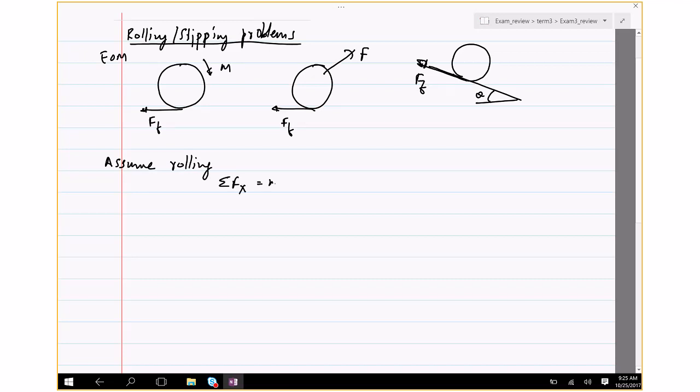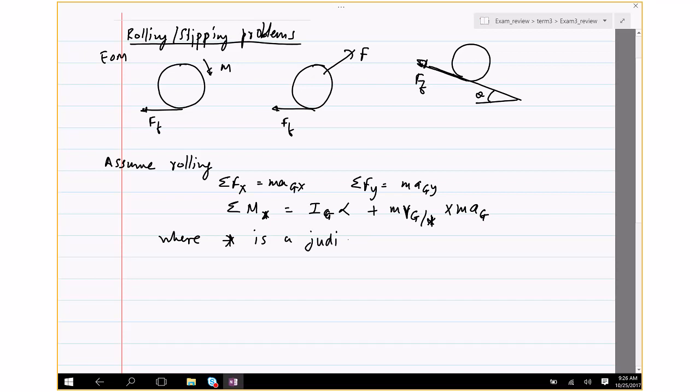Fx equals m aGx, Fy equals m aGy, and moment about a point, I'll put a star, which is a judiciously chosen point.